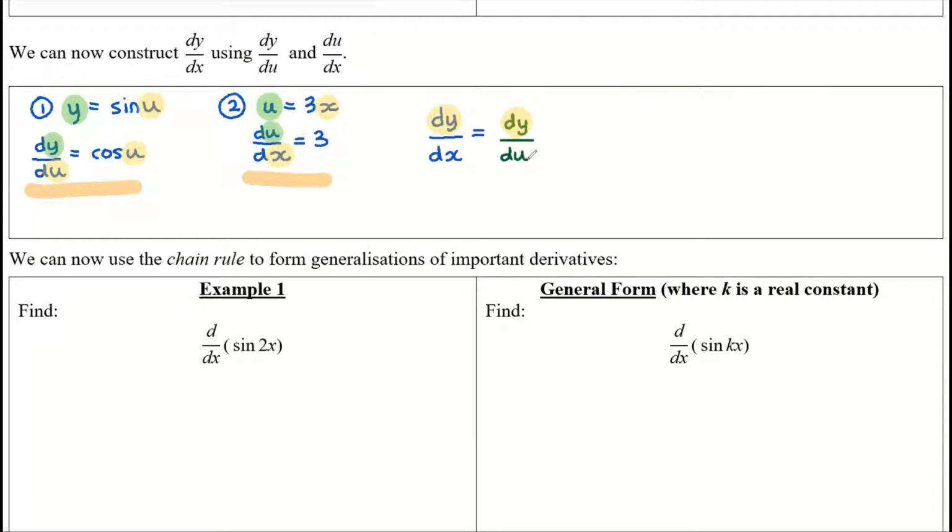But that's not what we wanted, is it? We need to get a dx on the bottom. How are we going to do that? We're going to have to bring in our second derivative for equation 2. That does have dx in the bottom, and then I can put the du on top.